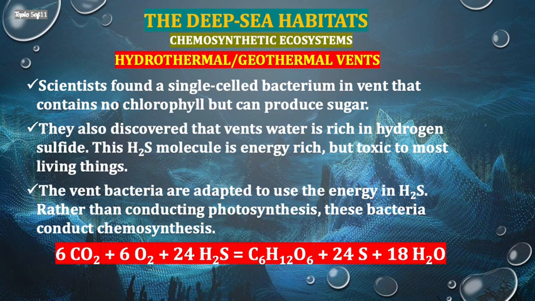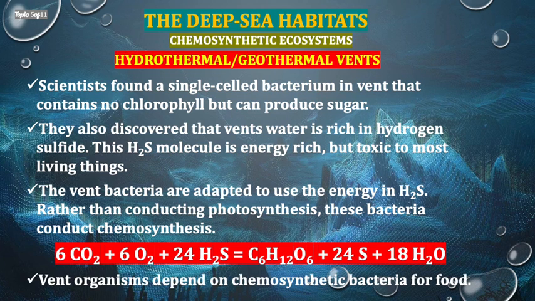And by doing the chemosynthetic process, these compounds are converted into glucose or sugar, sulfur, and water. So this bacteria use this byproduct for the chemosynthesis to, of course, survive and let other animals survive as well. So the organism depends on the chemosynthetic bacteria as their source of food.